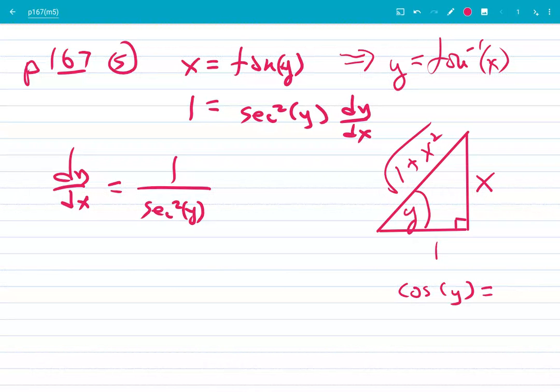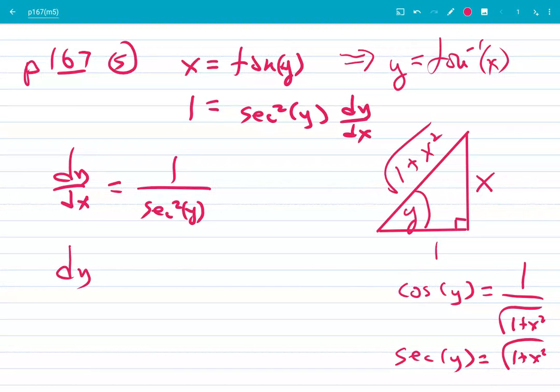So what's the cosine? 1 over that. So what is the secant? The secant is the reciprocal of that. Ta-da! And I want the secant squared.